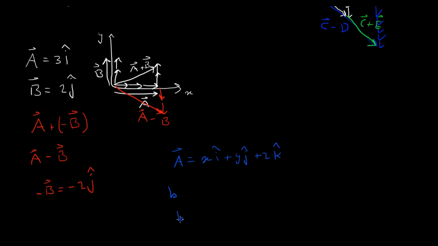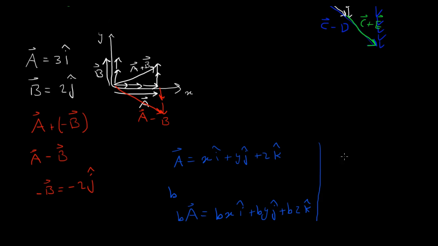So now B times A is simply B times every component of A. So it's bx i hat plus by j hat plus bz k hat.